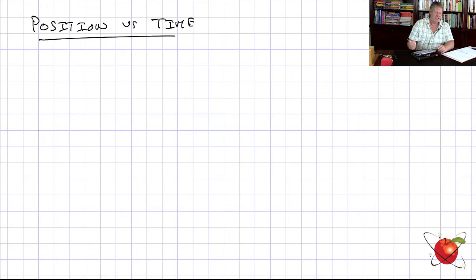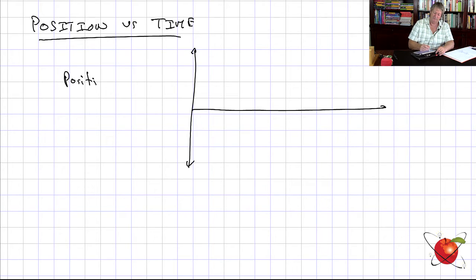So first of all, the first graph that we're going to look at is position versus time. It's a position versus time graph, and it looks like this. This is my position, this side over here, and this is the time axis here.